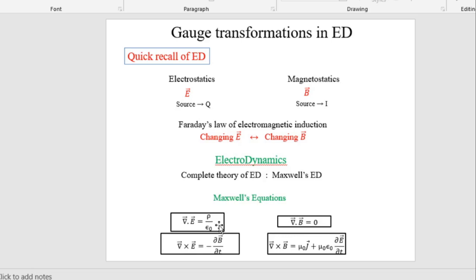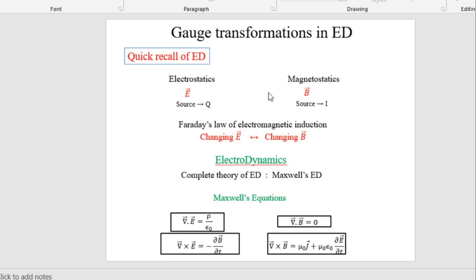These equations are: divergence of E is equal to rho by epsilon naught, divergence of B is equal to 0, curl of E is equal to minus del B by del t, and curl of B is equal to mu J plus mu epsilon del E by del t. So by Maxwell's theory we basically mean these four important equations.